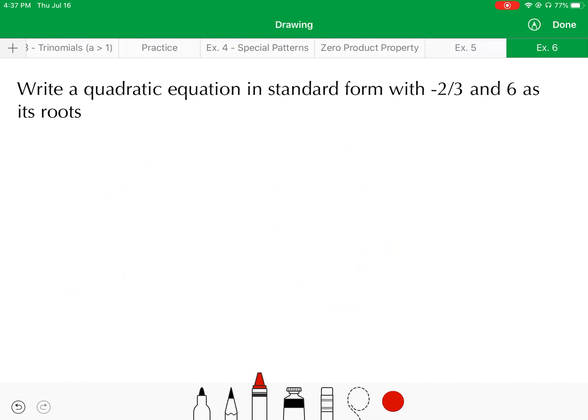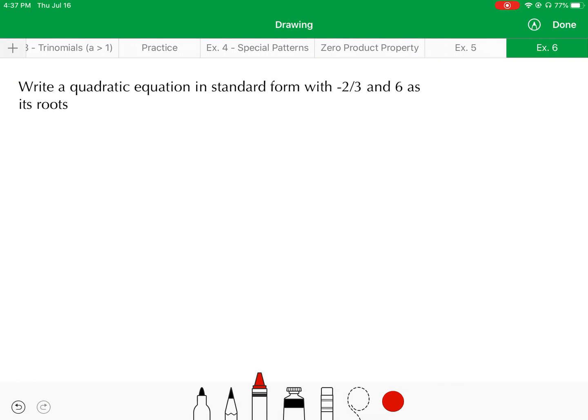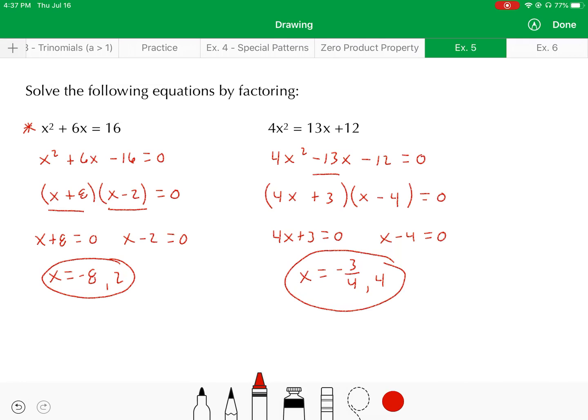All right, last example. Write a quadratic equation in standard form with -2/3 and 6 as its roots. So basically in this example, what we need to do is kind of work backwards from what we did in the last example. Like if I had started here with x equals -3/4 and 4, those are my roots or my solutions.